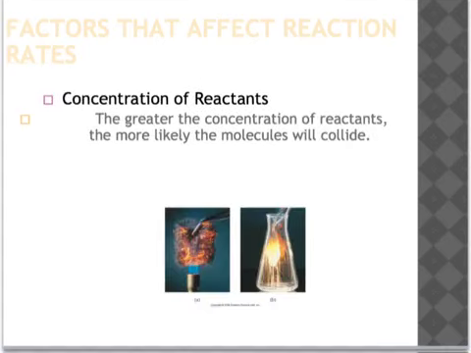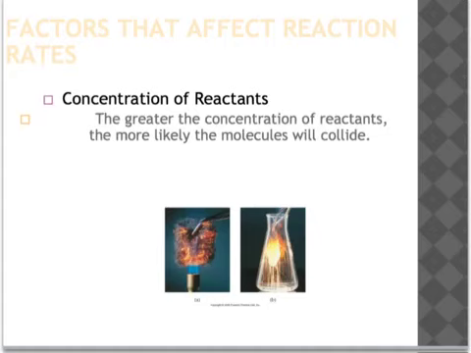Another factor that's going to affect a reaction rate is the concentration of the reactants. In the image right here, steel wool is being heated up and burned. In the image on the left, you can see it's glowing and burning fairly well. The image on the right is burning with a lot more energy.